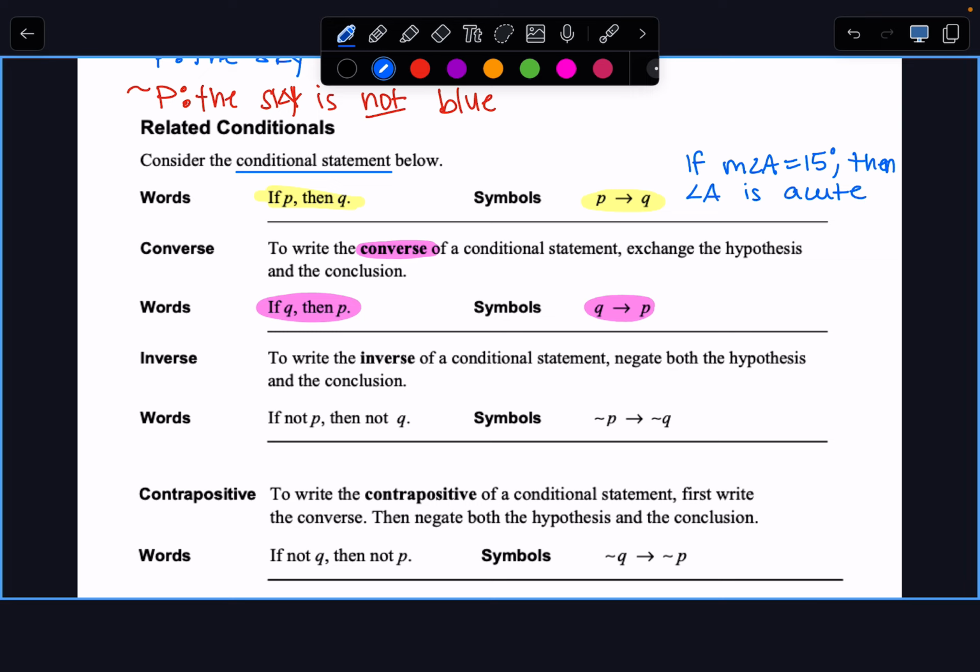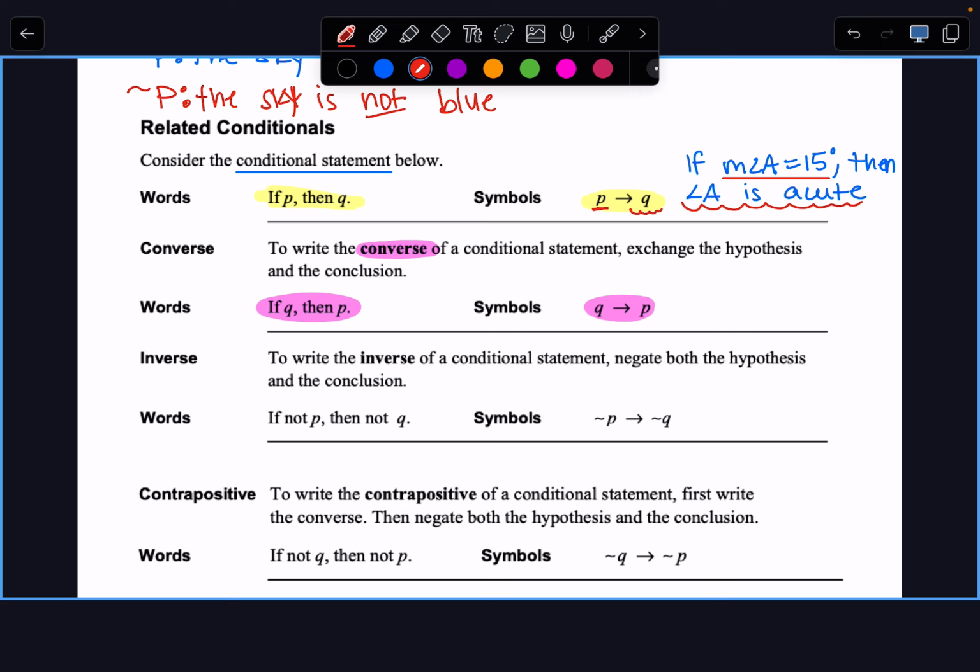Okay, and what I want you to think about is which one is the hypothesis and which one is the conclusion. Which one's the hypothesis, Micah? Yep. This is the hypothesis because it comes after the if. This is the conclusion. Okay.